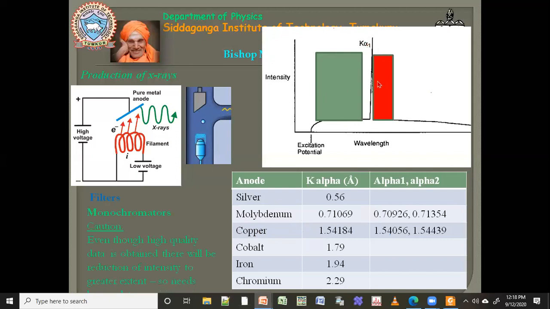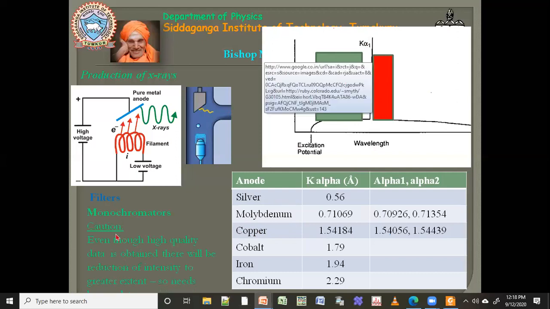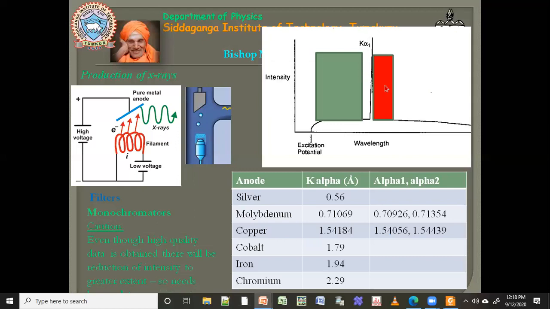Then how do you get rid of alpha 2? You can get rid of alpha 2 with a monochromator. But the problem is, you won't find a monochromator in all X-ray diffractometers. Most diffractometers used in labs have both K alpha 1 and alpha 2, because if I cut K alpha 2, the intensity of light falling on the sample will be very, very less, and you have to collect data for a long time.